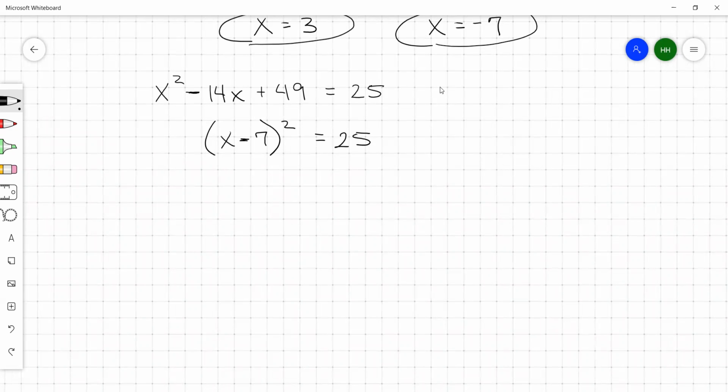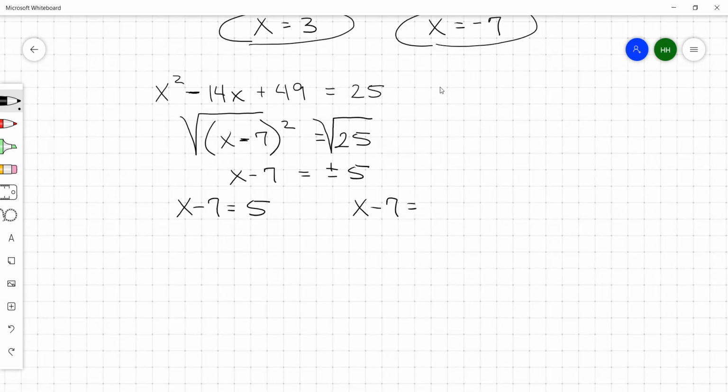So now your technique remains the same. You square root both sides. So x minus 7 is equal to positive or negative 5. You write two equations. x minus 7 equals the positive 5, and x minus 7 equals the negative 5.